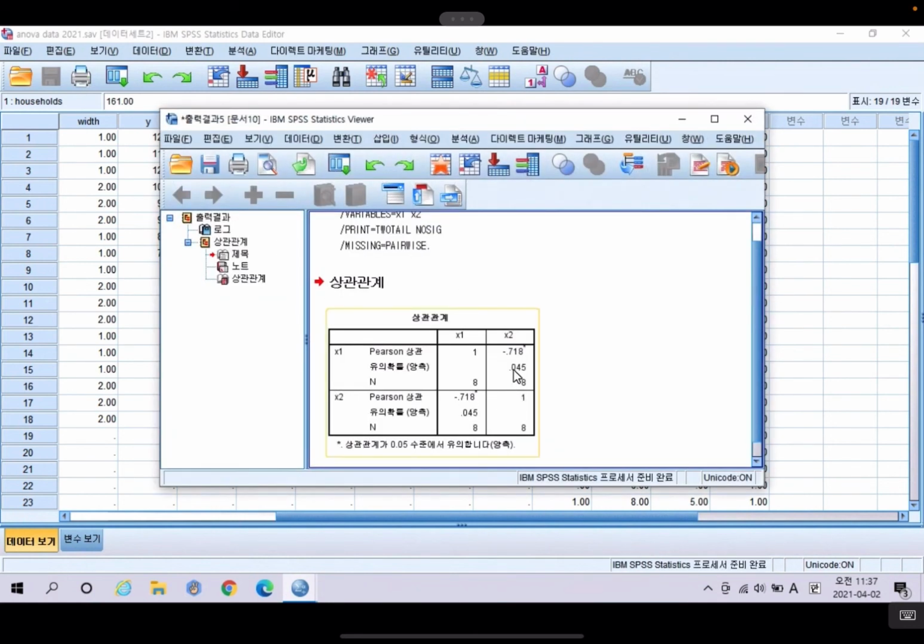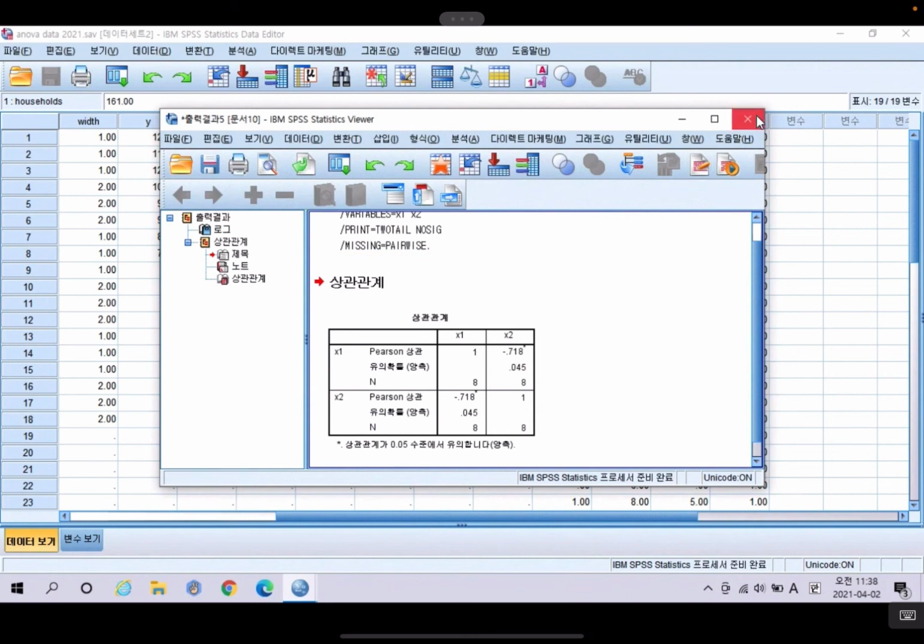You see here, this is the correlation coefficient. If this one is very high, let's say 0.9 or something, then there is a very high correlation among these two independent variables, and you should consider dropping one of them. So this is how to do the correlation analysis.